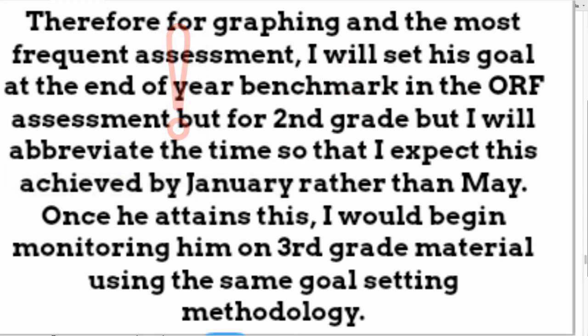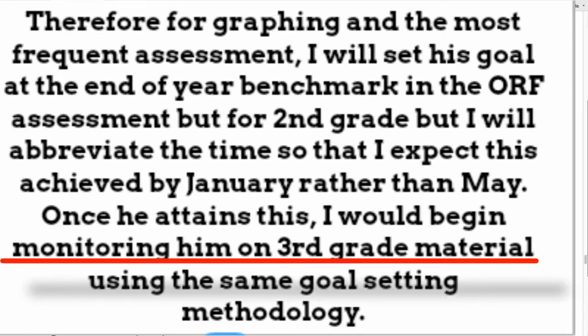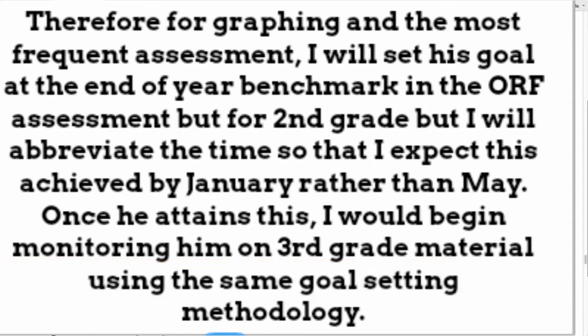So, we'll probably say that we want him to get to that end of 2nd grade goal, but by January. So therefore, we'll be attaining hopefully that goal by January in the 2nd grade material, and then we can start monitoring him in that 3rd grade material. And again, set an end of 3rd grade goal, but abbreviate that time.